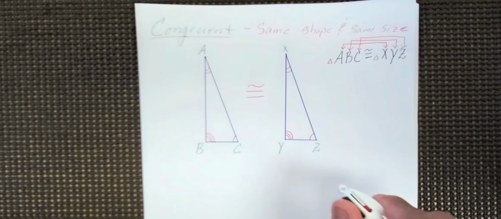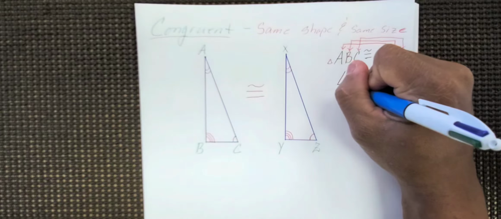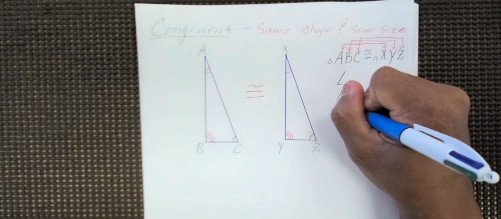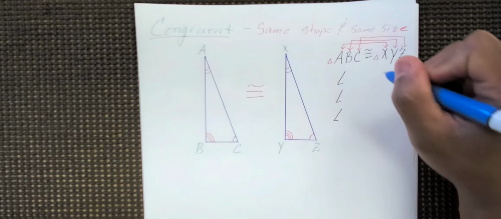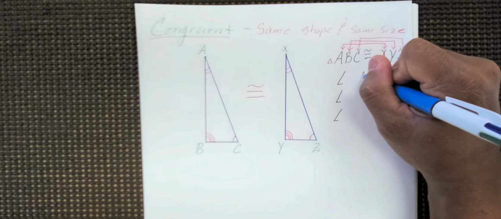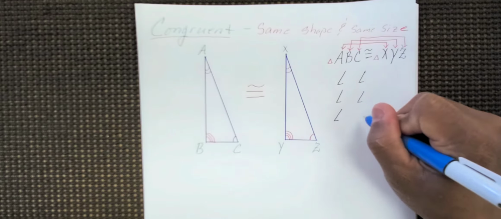Now, to show that the angles are congruent, I'm going to put 3 different angle symbols here. An angle symbol is like a slanted letter L. All right? The slanted letter L is our angle symbol.